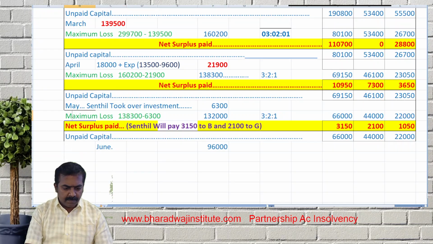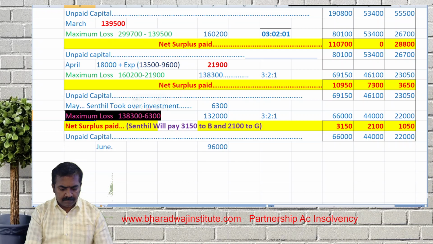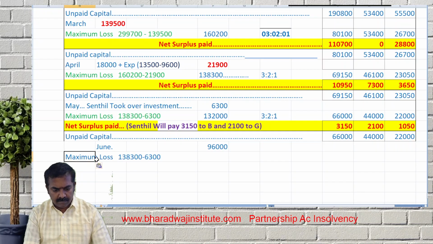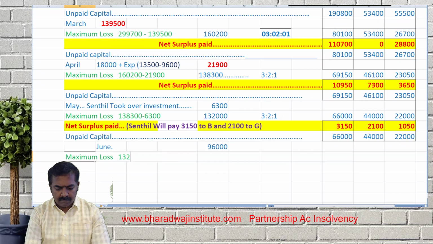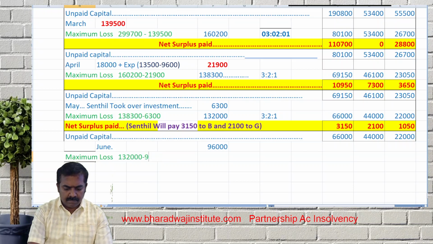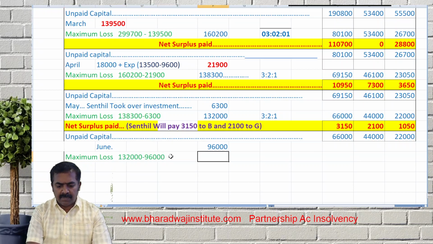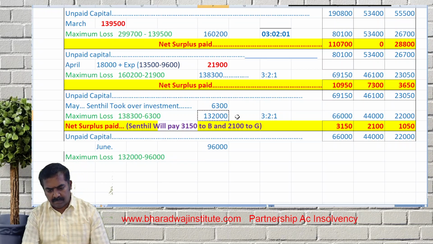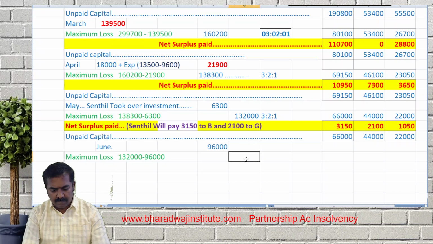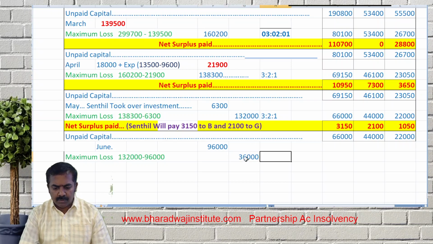Again work out maximum loss. What is the maximum loss? In a 3:2:1 ratio.